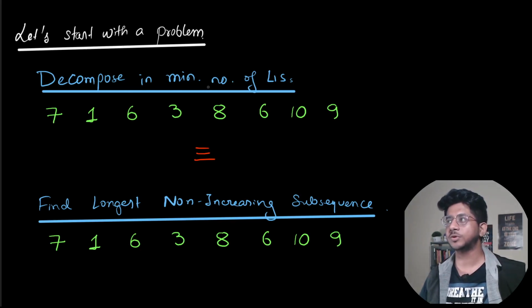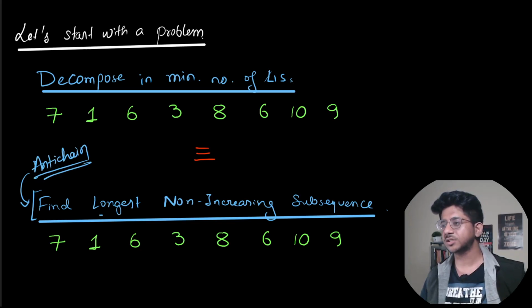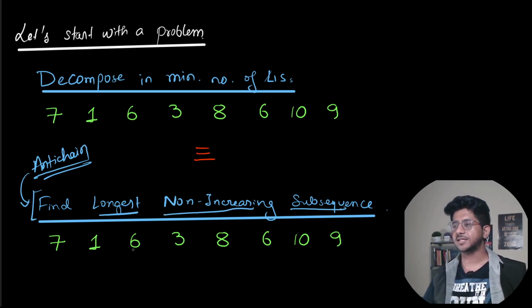Instead of decomposing it into the minimum number of chains, or minimum number of increasing subsequences, let's say, now we are finding the longest non-increasing subsequence. This is equivalent to finding an anti-chain. Why is the longest non-increasing subsequence an anti-chain? Think about this. Longest non-increasing means sort of decreasing.